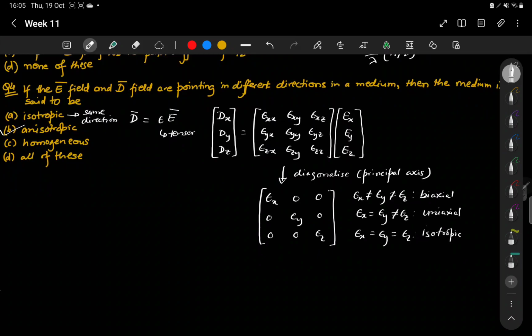Another thing about this permittivity tensor is that it is symmetric. Symmetric meaning epsilon xy equals epsilon yx, epsilon xz equals epsilon zx, and epsilon yz equals epsilon zy.